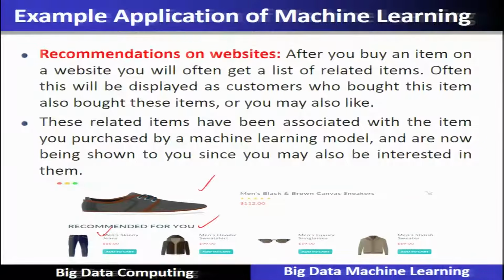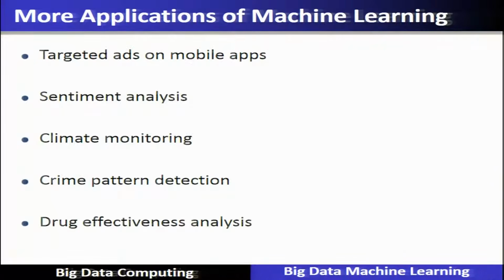So a particular item and its associated items are identified by the machine learning and recommended on the website for online purchases, and these recommendations are given to the customers. Such recommendations on websites are also an application of machine learning.